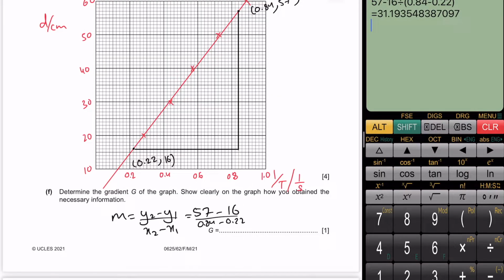This gives us 31.19. We can just write it as 31, the gradient.